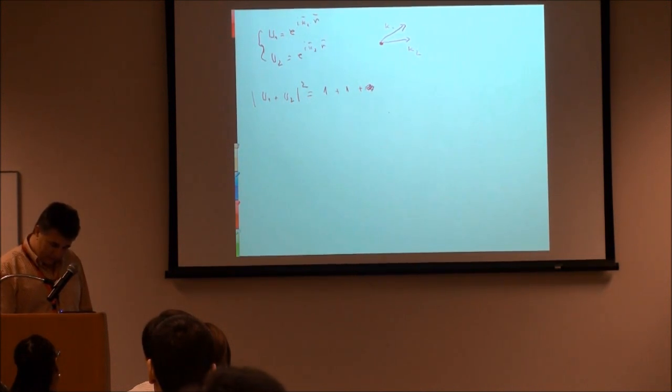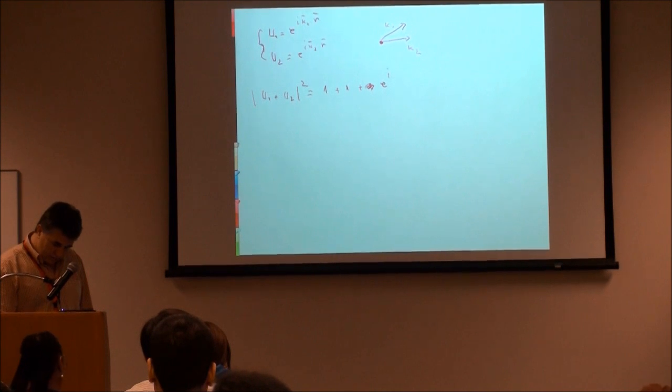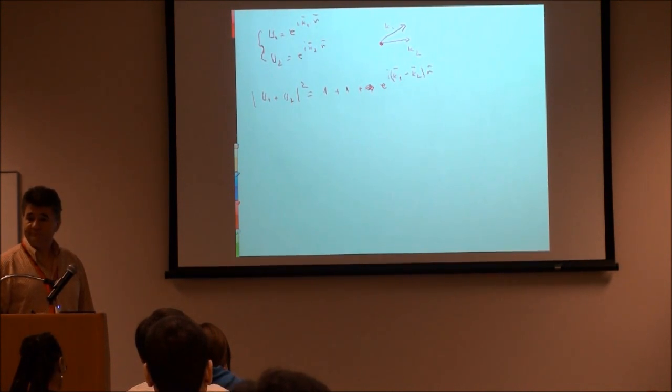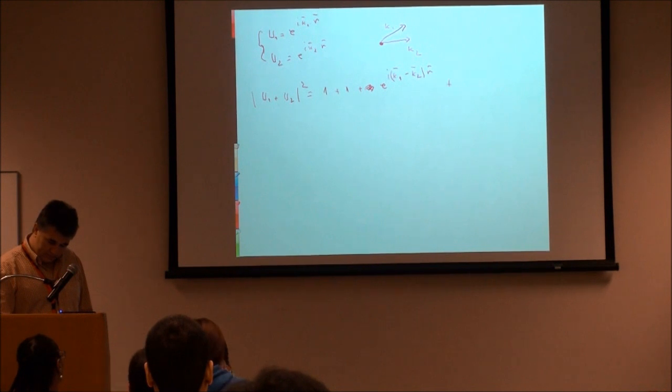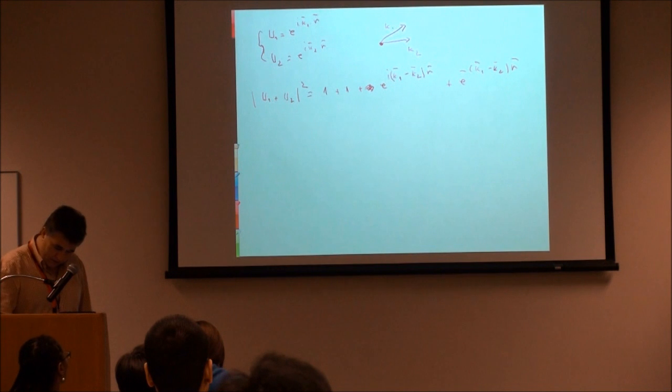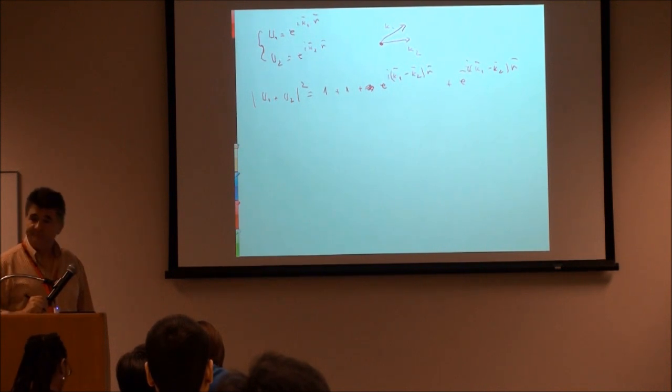So let's write it like this: e to the i (k1 minus k2) r plus e to the minus i (k1 minus k2) r. Should that be minus i times? Yes, i. Thank you. Yes.